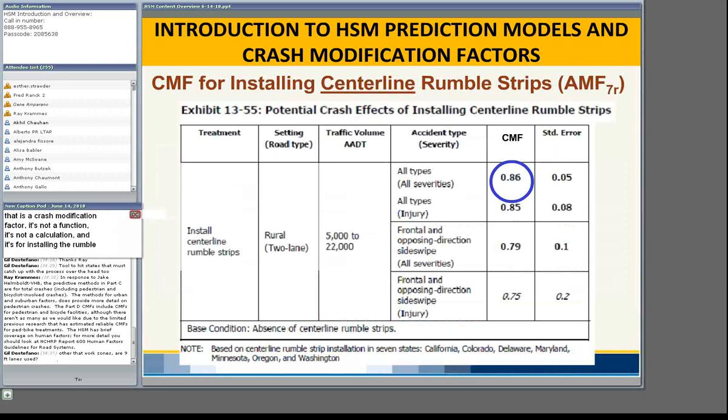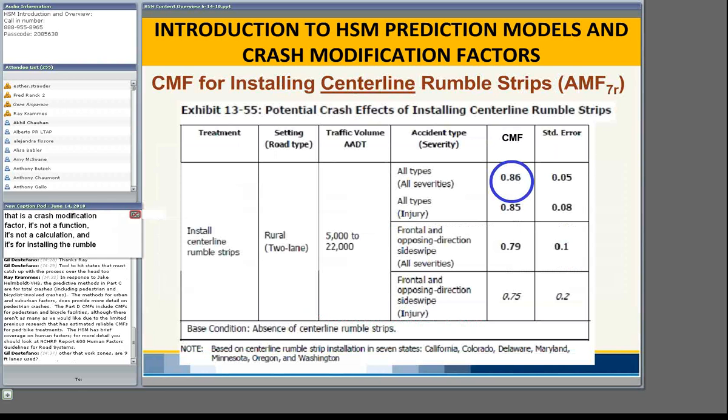Process will be gone through in detail. So with that, we talked briefly about the content that's going to be in the Highway Safety Manual when it comes out. Some of the exhibits and process and the values for crash modification factors, to our understanding, have not changed.